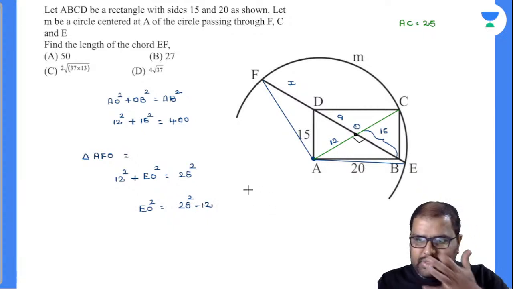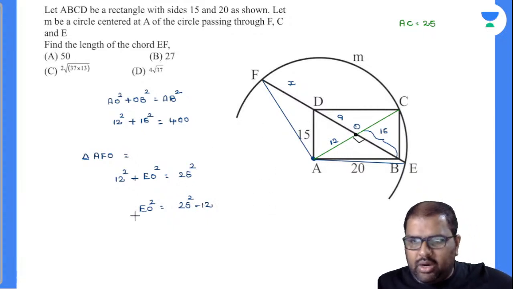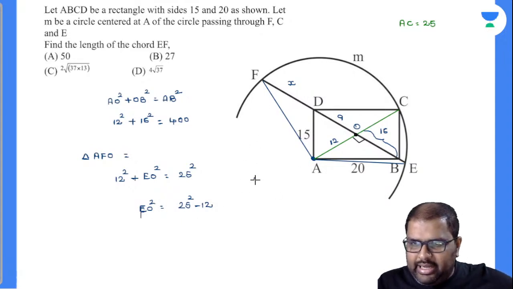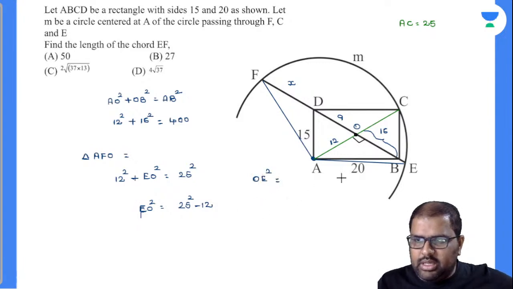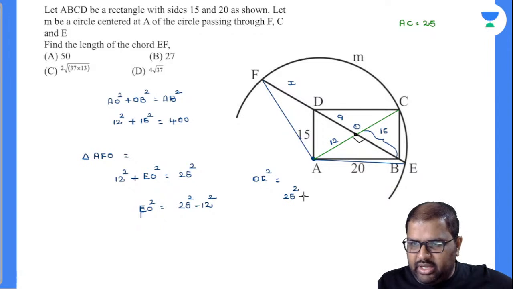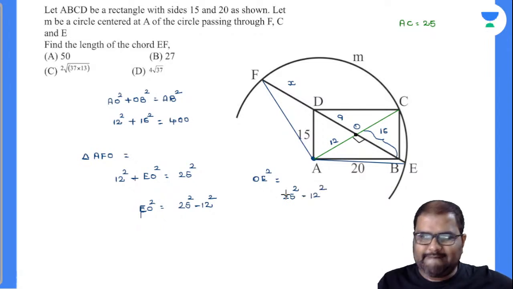Now observe closely, FO square, and OE square is also equal to 25 square minus 12 square. Am I right or wrong?